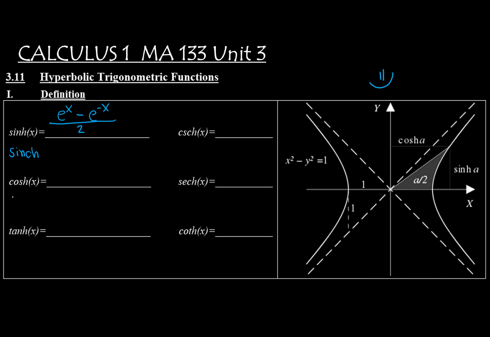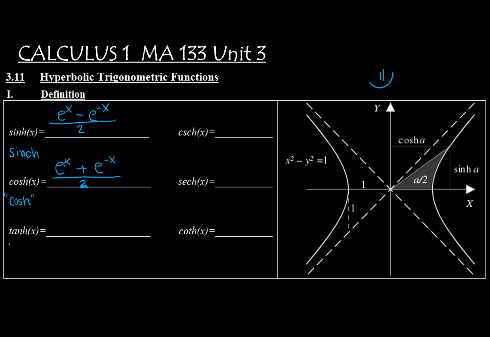If we're trying to find the cosh of x, pronounced the way it's written, we use a very similar formula, but we add e to the x and e to the negative x, and then divide by 2.